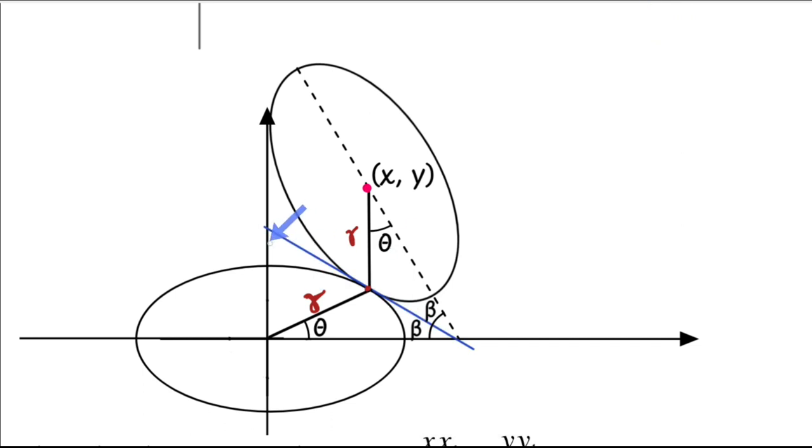This tangent will eventually pass through the point of intersection of the two axes of the ellipses. This is the semi major axis of the first fixed ellipse, that is the x axis here.